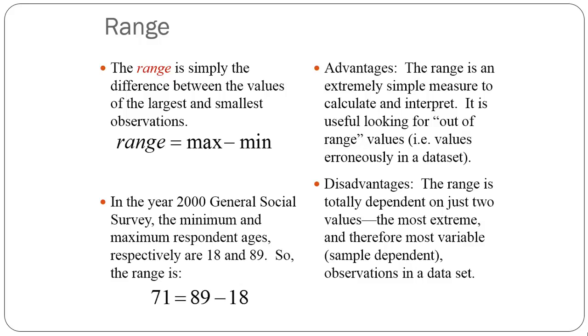The mean I called before a democratic measure because every case in the data set contributes to the production of that statistic. You can see that the range is not a democratic measure. It simply takes the 2 most extreme values and calculates the difference between them and says, that's our measure of dispersion. The trouble with using only 2 cases in any kind of measurement is that it tends to vary from sample to sample.